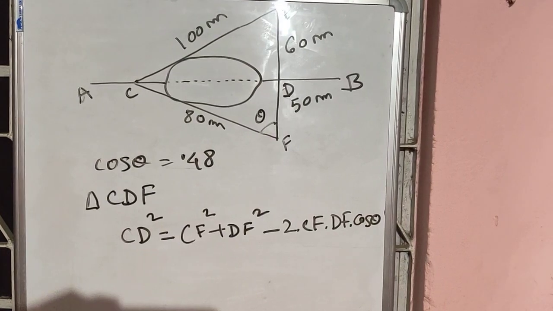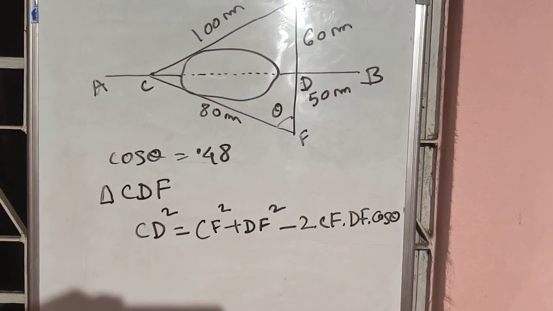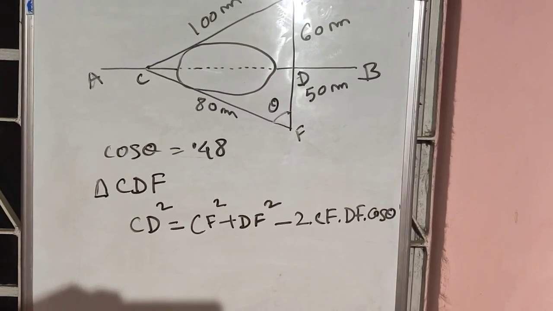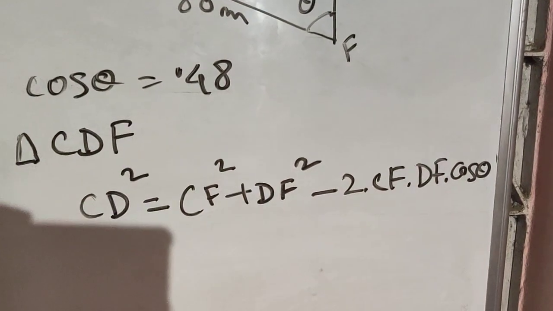Clear? From triangle CDF we have CD square is equal to CF square plus DF square minus twice CF DF cos theta. Now we know all these values.